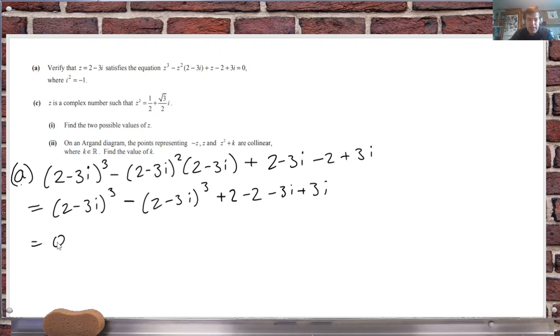Right. Now, the B part seems to be cut out from this for some reason. Let me just have a quick check that I cut it out for a good reason. So this is the 2012 maths paper 1, project maths. Okay, let's see.